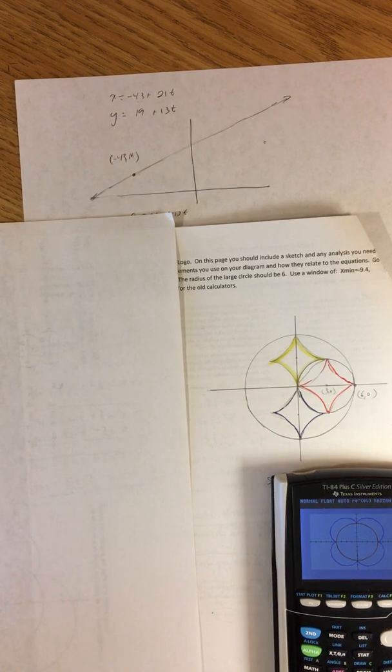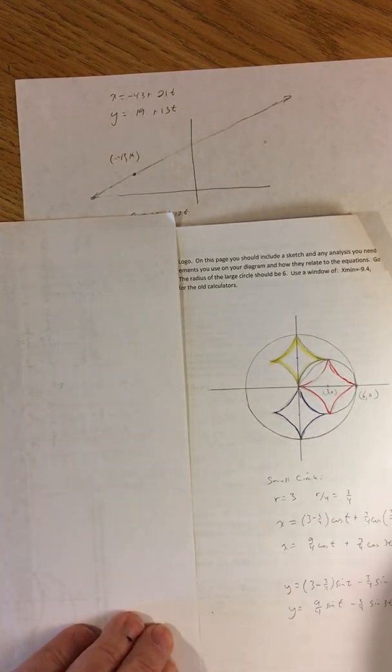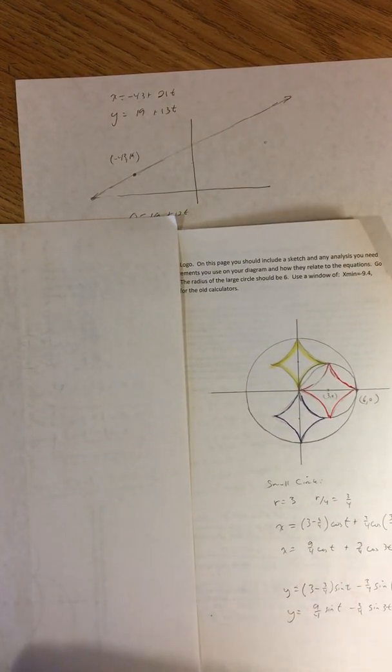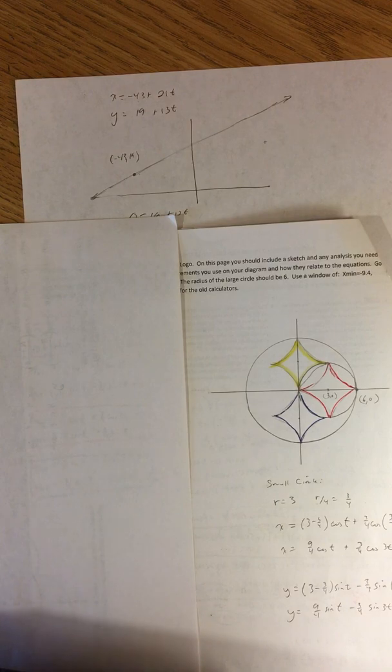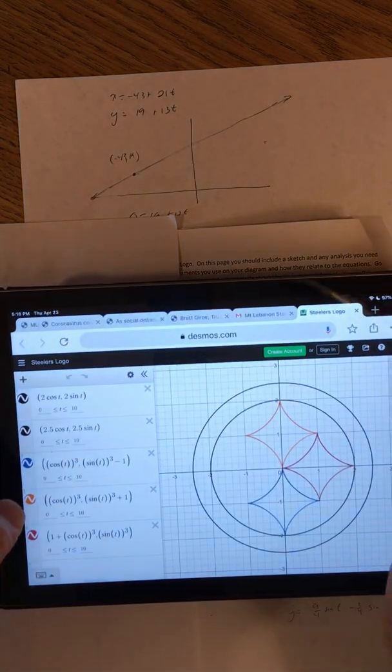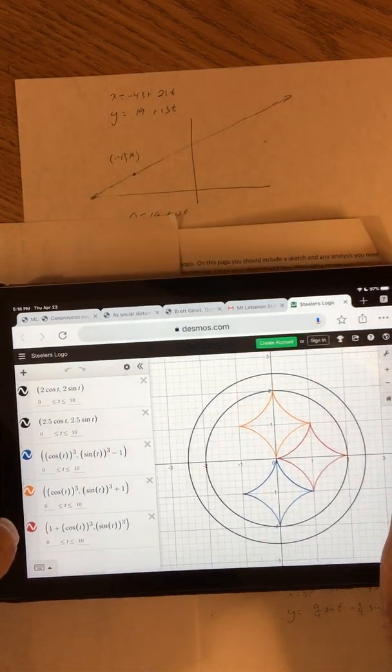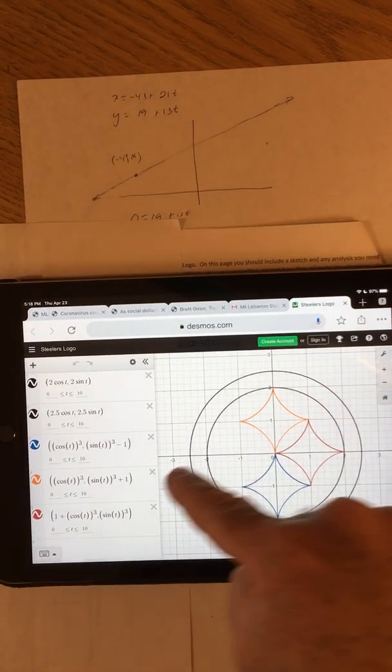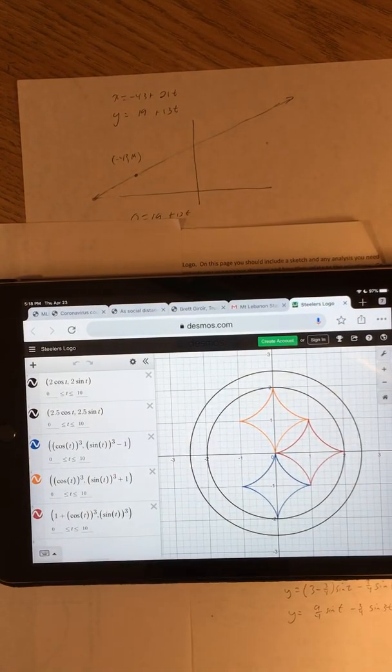Well, that is one of the problems on the assignment, to come up with the Steelers logo. You should be able to do it, and you have to do it with the Wikipedia equations, because in the document that I'll post for you, there's a link that says you can't do this in Desmos, and it says you can go here. Now, these equations over here, you can go to Desmos to see how to enter parametric equations, which you should.